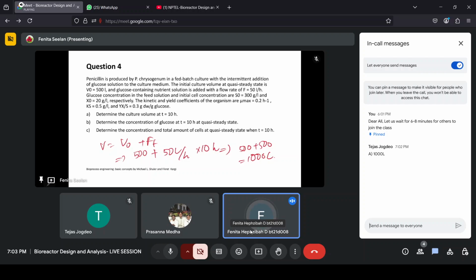So what is necessary to calculate the quasi-steady state condition? D is necessary. So first we have to calculate D. The value of D is F by V, right? So F is already given, 50 liter per hour. And V is 1000 liters. So how much would be the value of D?